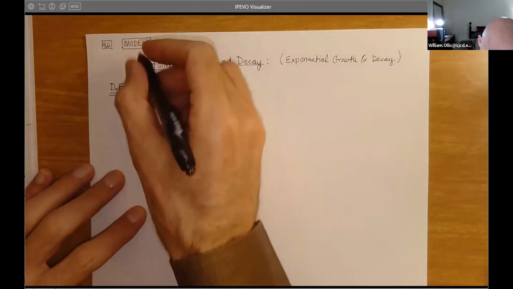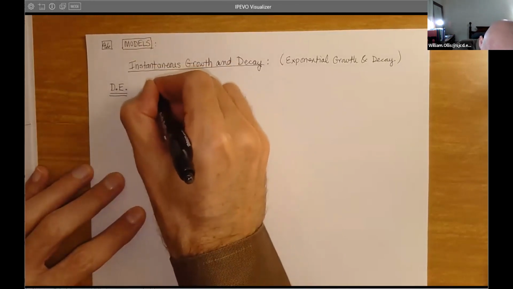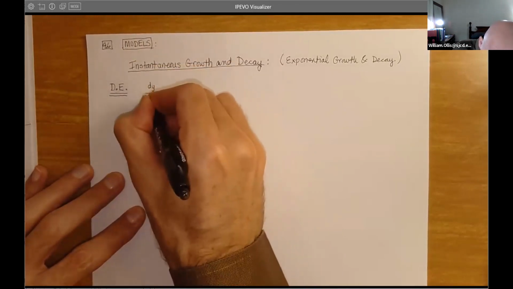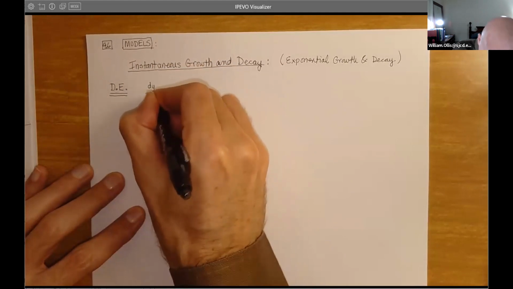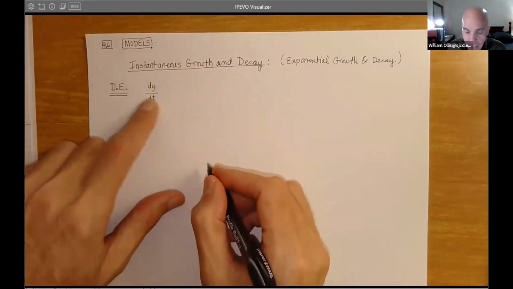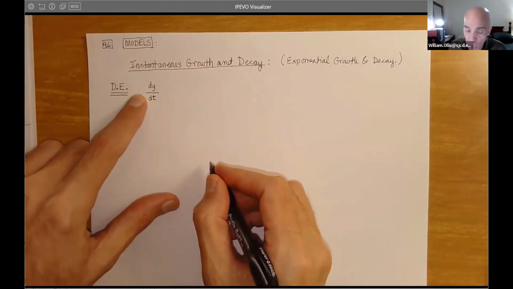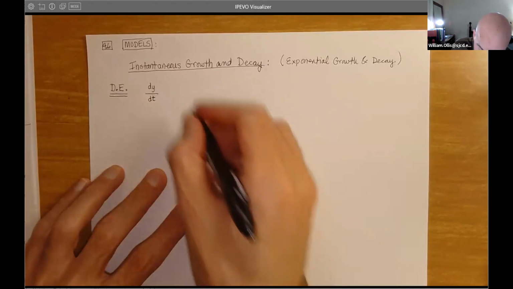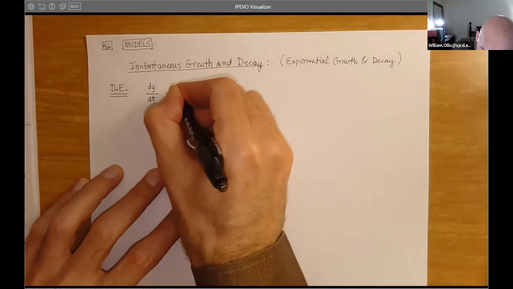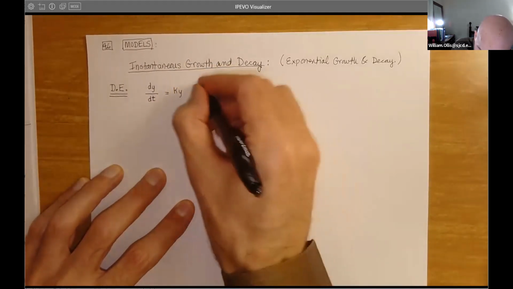So in this case, I'm going to write the equation, then I'm going to tell you about some of the symbols. Basically, we're going to say the instantaneous rate of change of y with respect to t, that's a derivative, dy/dt, equals a constant times y.